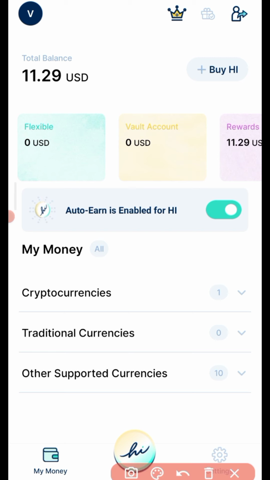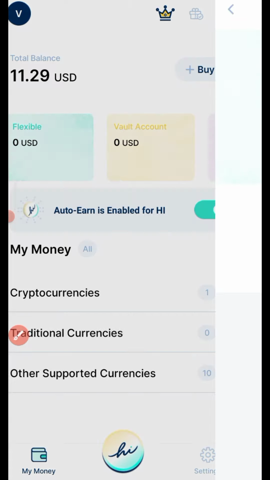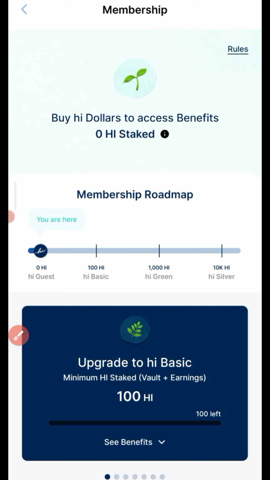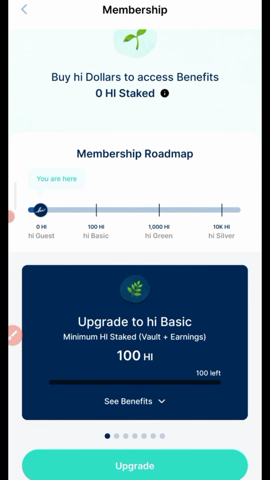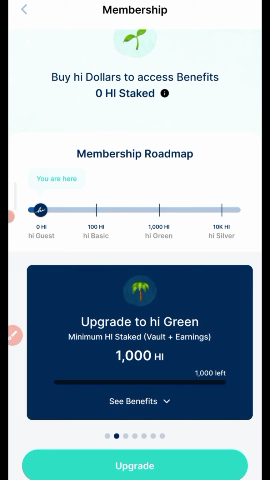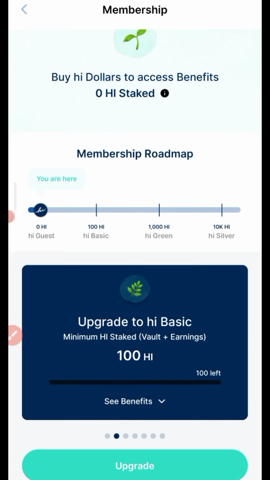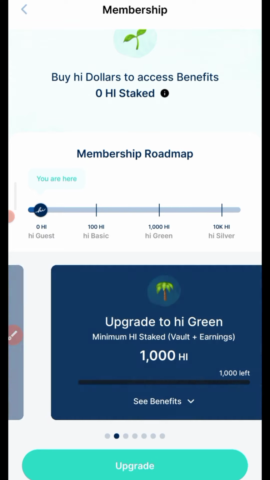Let us click open this crown icon and discover what is in there. Okay, so now they're telling us about the different levels based on the amount of high dollars that you have.